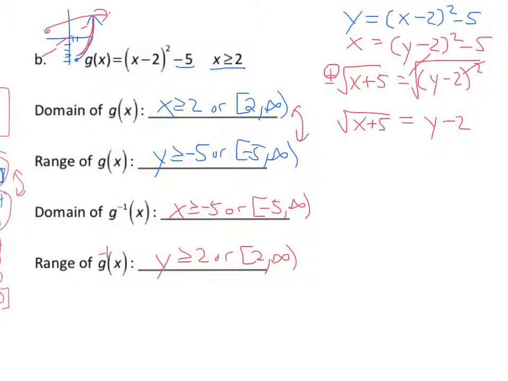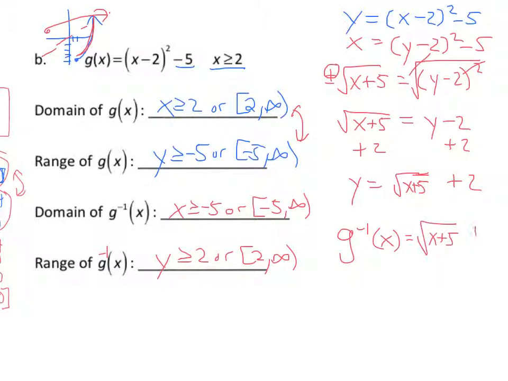And then we would add 2 to both sides, and we get y equals square root of x plus 5 plus 2. And our final answer, we replace y with g inverse of x equals square root of x plus 5 with a plus 2 on the outside.